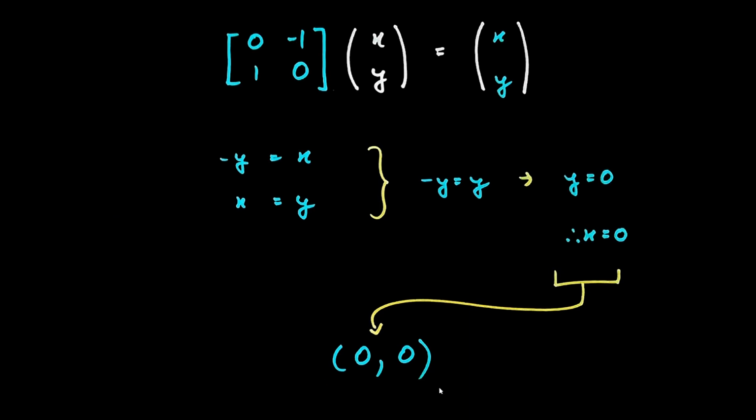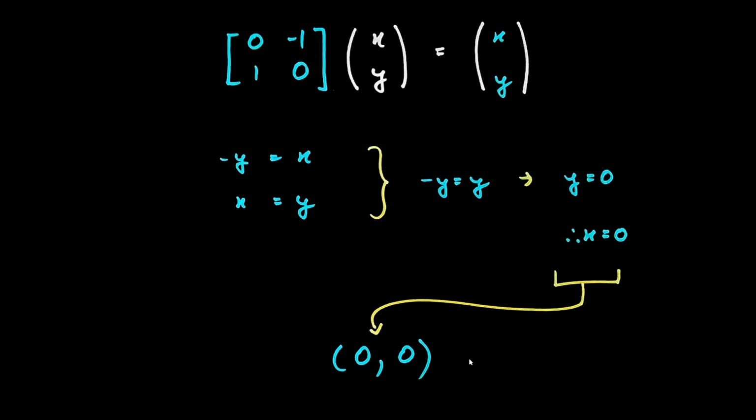However, this might not be the final answer, because there is a possibility that this coordinate isn't the invariant point for this matrix, but rather is the coordinate of intersection of the two invariant lines of this matrix.